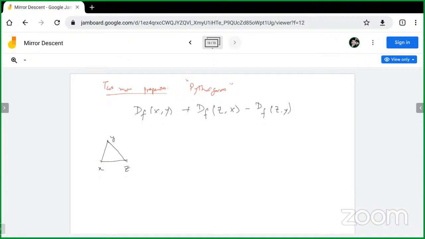Now I'm looking at the divergence between x and y plus the divergence between z and x, minus this third side.